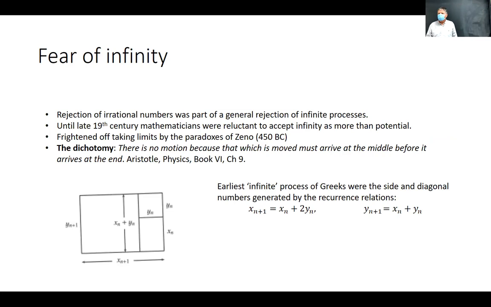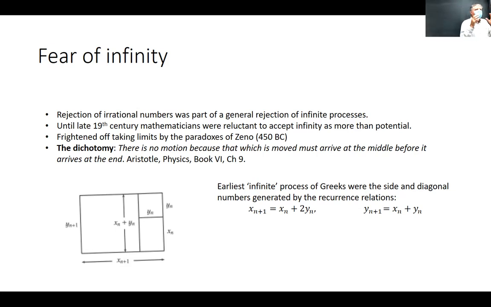And so people have called this the fear of infinity, that the Greeks had some sort of fear of infinity. This permeated Western mathematics, and it wasn't really until the late 19th century that mathematicians were able to accept infinity as more than just potential.